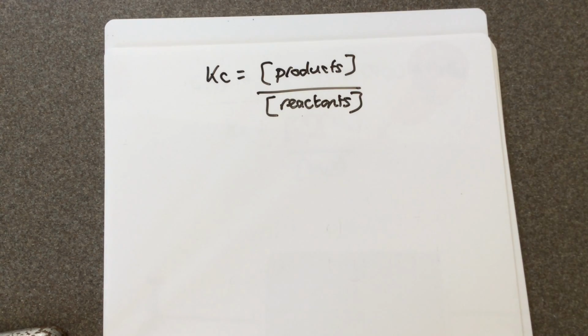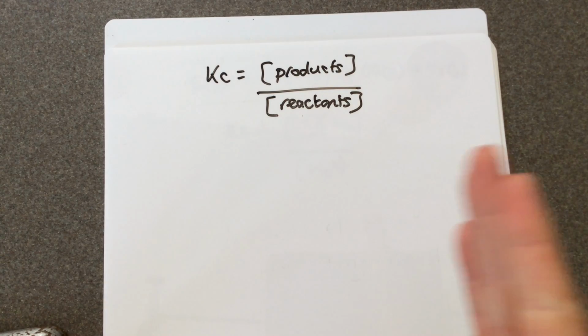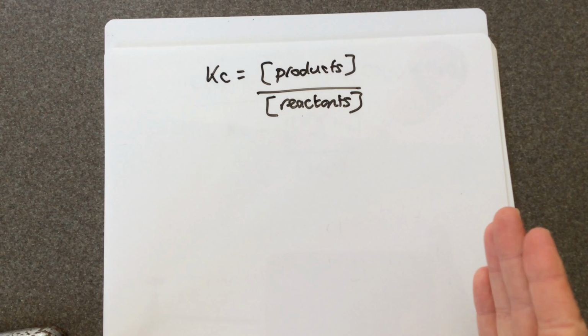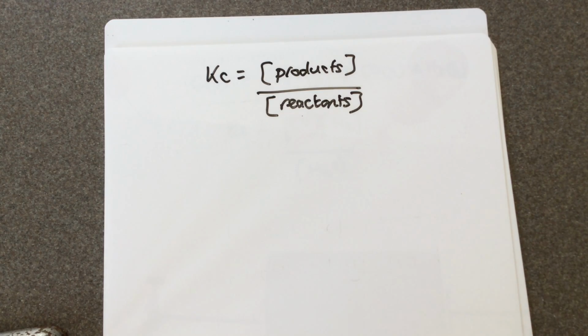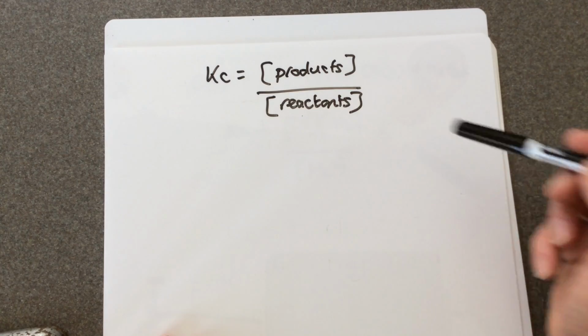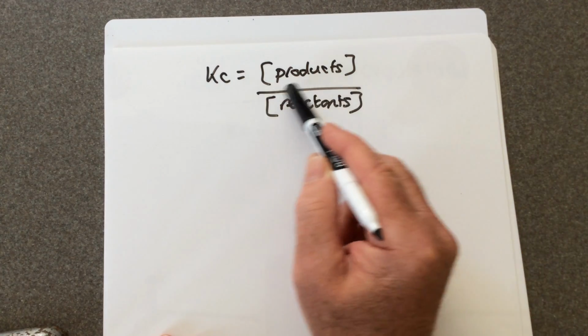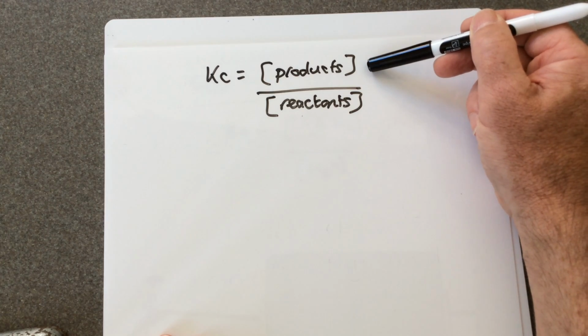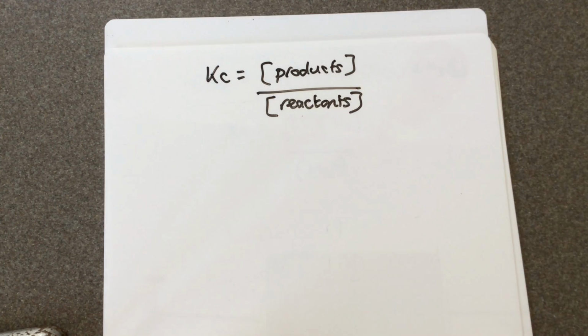That clearly means that the concentration of the products is larger than the concentration of reactants, and so the position of equilibrium lies to the right-hand side of the equation in favour of the products. Conversely, if Kc is smaller than 1, this number must be bigger than this number, and the position of equilibrium must lie to the left-hand side in favour of the reactants.